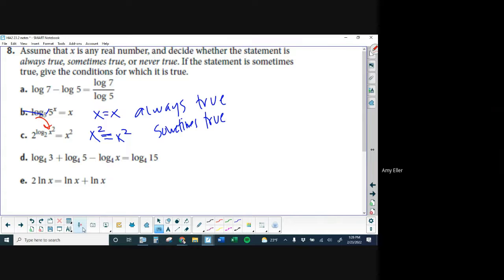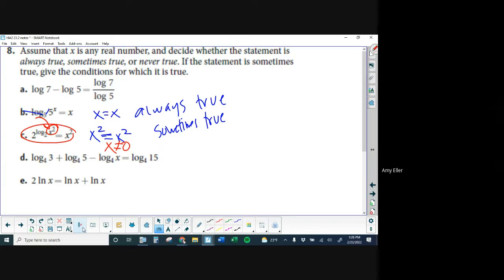What number squared is not positive? 0. This is true always, except x can't be 0, because if x is 0 and I square 0, now my argument is 0, which is not positive. We say it's either negative or positive.